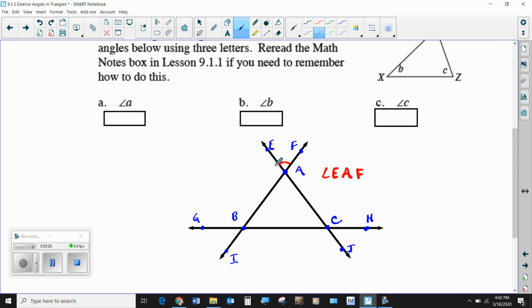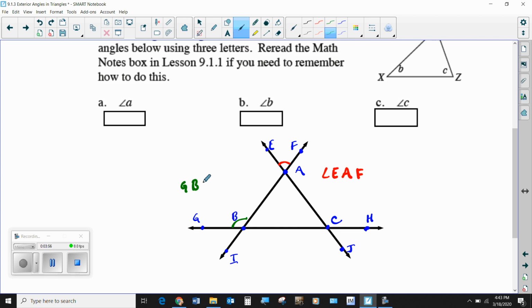and then we're going to call this angle AEF. If I come down to, say, this angle right here, I can't just call that angle B, because that is angle B and this is angle B and that's angle B. So I need to use three letters. B is our vertex, so I'm going to put the B in the middle. And then we take the two rays that make up that angle, and this ray passes through point G, and this passes through point A and point F, and you can choose either one of them.